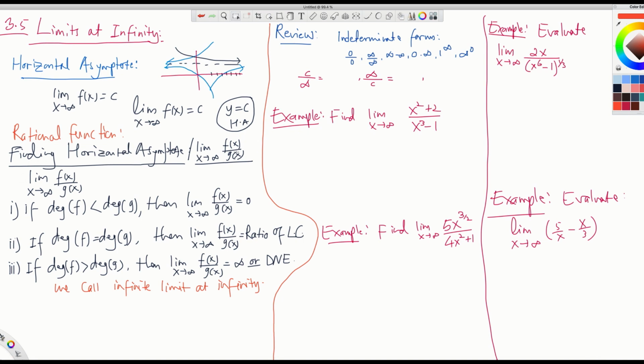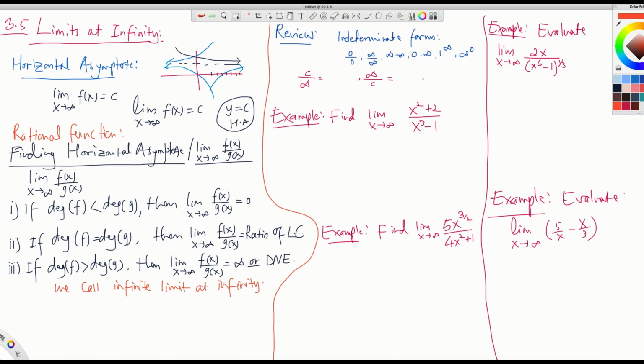Now each polynomial has some degree, which is the highest exponent. Sometimes if there is a product of x's, then the degrees will be added.